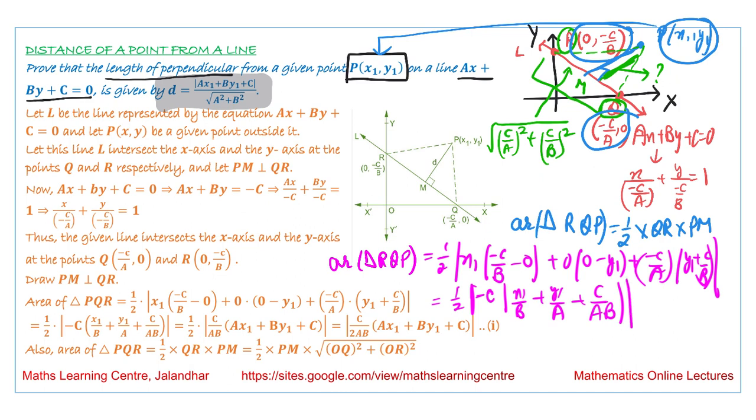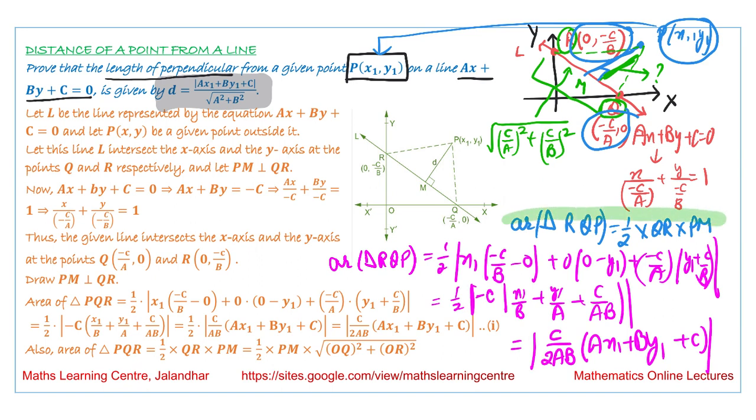On solving this we obtain mod of c by 2ab into (ax1 + by1 + c).